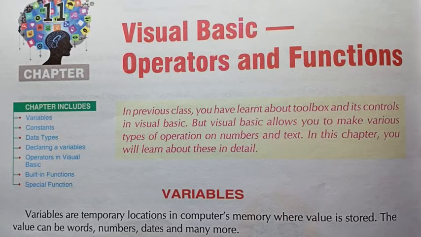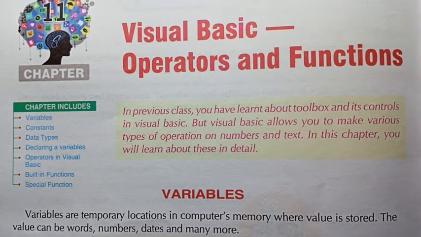For example, x, y, z, a, b, c are all variables. Why? Because I can consider x as 1, I can consider x as 10, I can consider x as 2. So the value is not fixed. We are changing it every time. That's why these are variables.